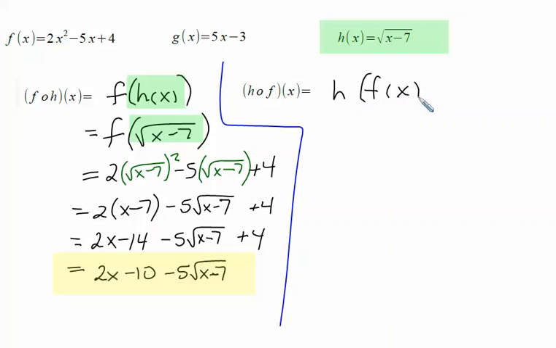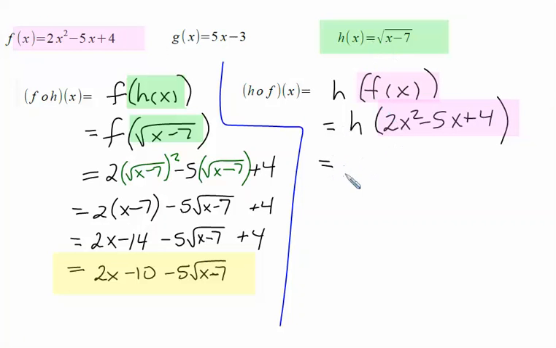For the last one, it's h parentheses f parentheses x. I need to see this next step where you show me that you're plugging in 2x squared minus 5x plus 4 in place of f of x, because that's what f is equal to. Now in h, anywhere we saw an x, we're going to replace it with 2x squared minus 5x plus 4.